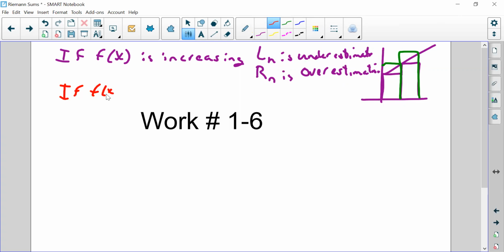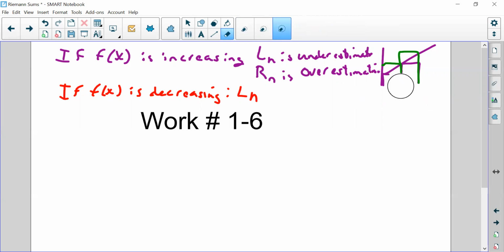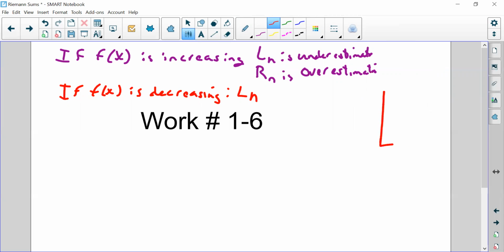All right, now if f of x is decreasing, then L sub n, the left-hand side, is what? So now I'm thinking of this graph. Yeah, because now we are decreasing.